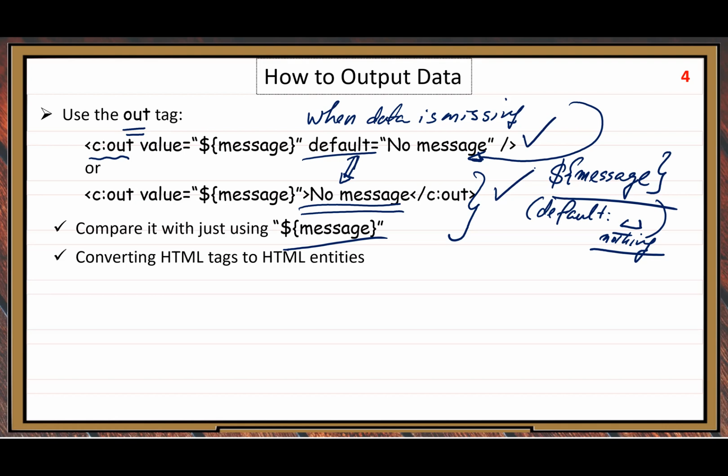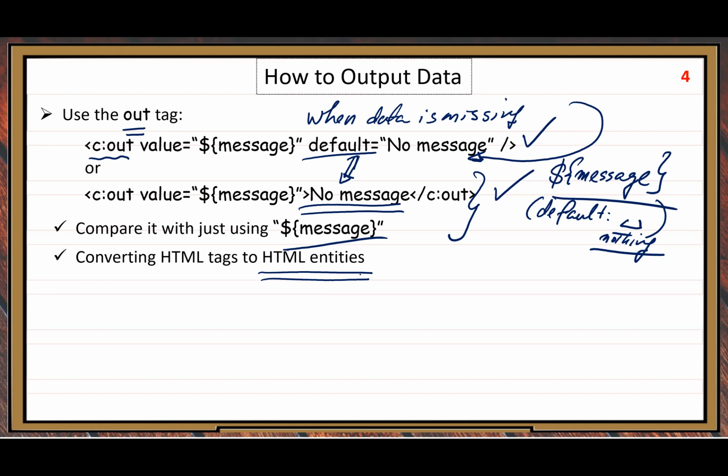Converting HTML tags to HTML entities. Here, there is another feature. When you display HTML content, you have something special you need to consider, because we use many special symbols inside HTML content.